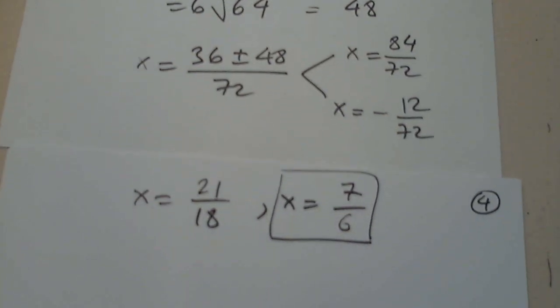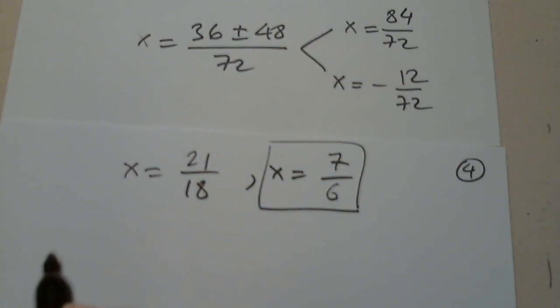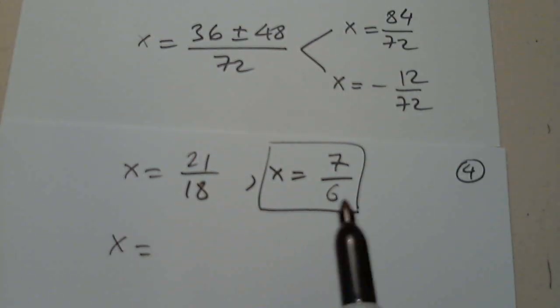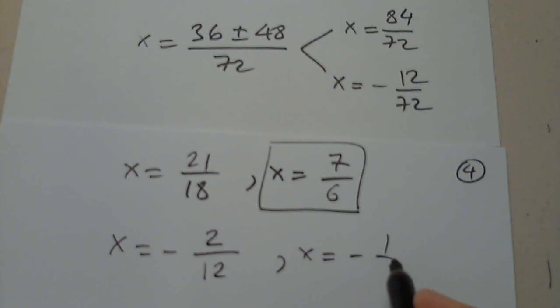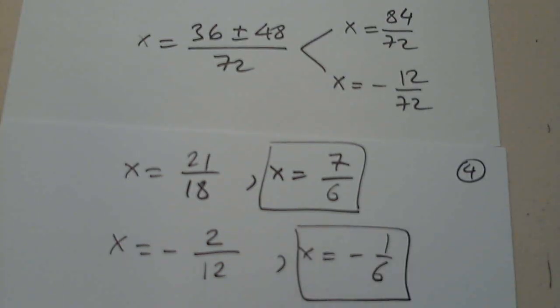And the second one, by 6, and then by 2. So we have to enter them as 7/6 and -1/6.